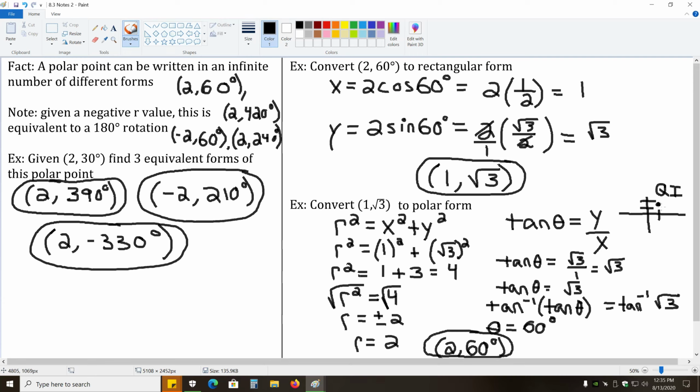But if we had plotted this point and it were in quadrant 3, we would have to make sure we choose an angle in quadrant 3, not 60 degrees, but for instance 240 degrees or something along those lines. So always make sure you check that you have the correct quadrant when you do this.